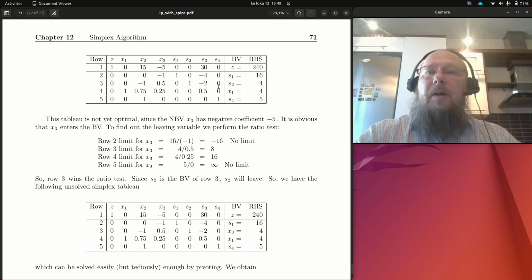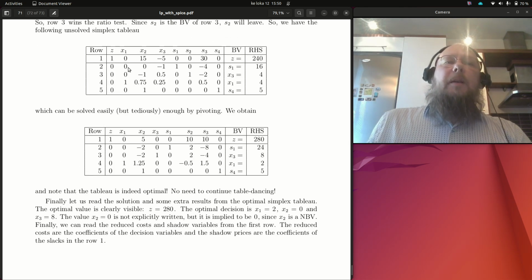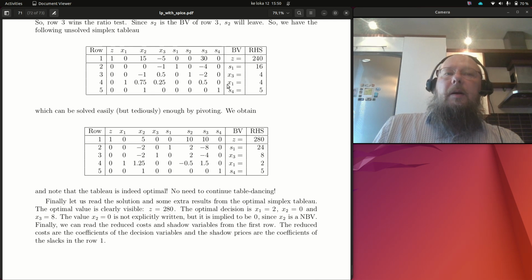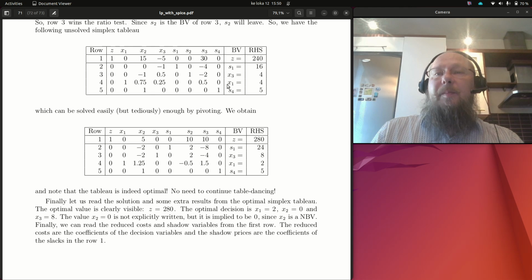So we have the unsolved simplex tableau. So this simplex tableau becomes this. The only change is that S1 leaves and X3 is there. So we have an unsolved simplex tableau like this. And then, yes, comes the tedious part, pivoting.